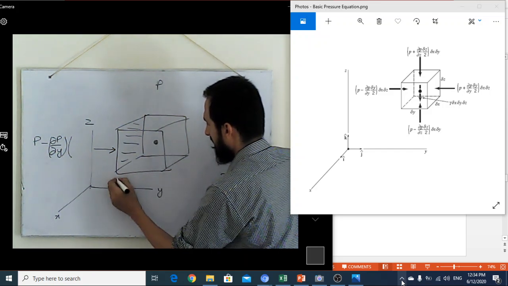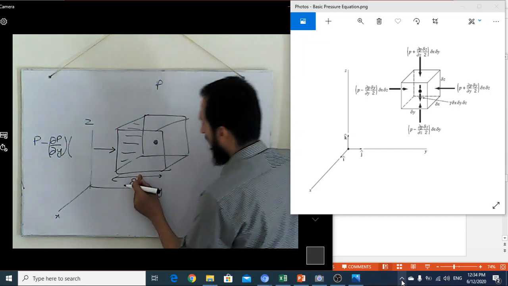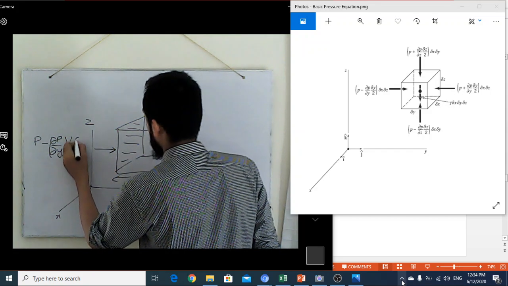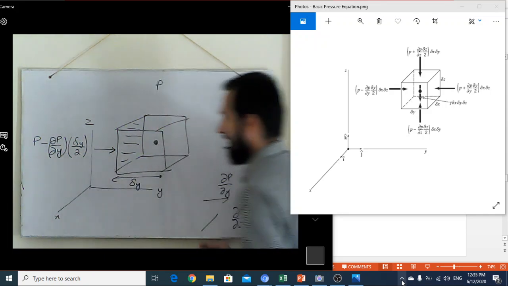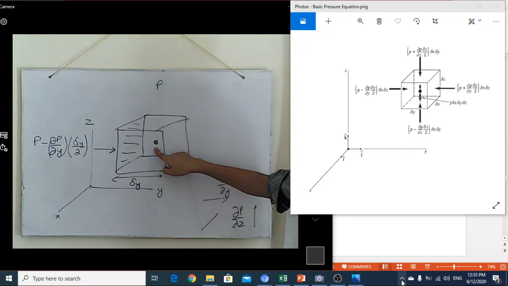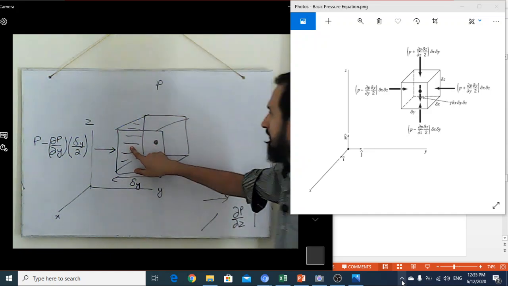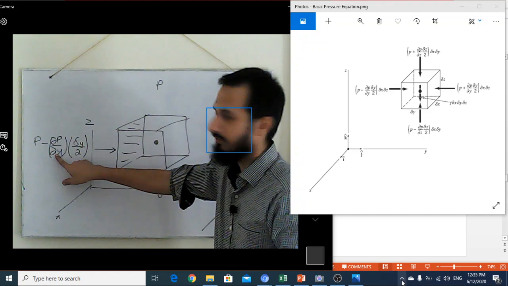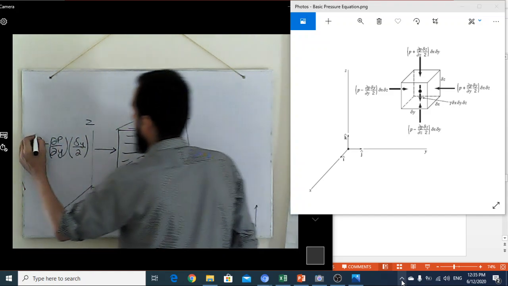As we know that this is delta y, I am going half of it, so I will multiply this length with the 2. As the pressure gradient describes how the pressure is changing with the length, and we know the pressure here is P, and if we go back to this point, definitely we have to apply the pressure gradient along this particular length, so we will find the actual value.